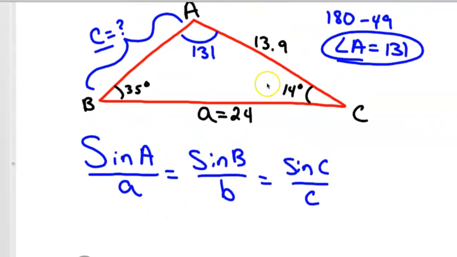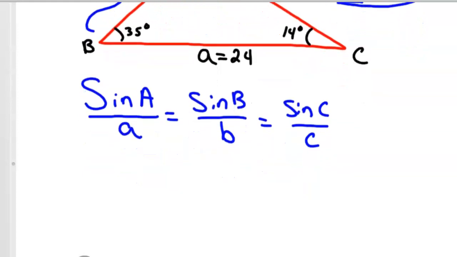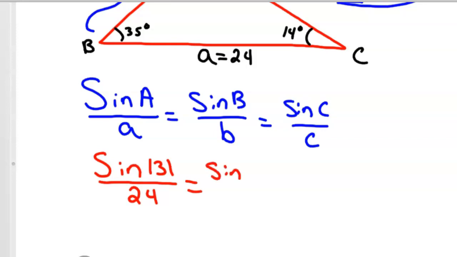I'm going to use the 24 and the 131, so we're going to use A. If you filled it in, you'd have sine of A, which we know is 131 degrees now, over 24, is the same as the sine of C, which is 14 degrees, over little c, which we don't know.